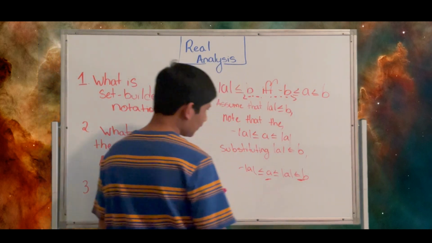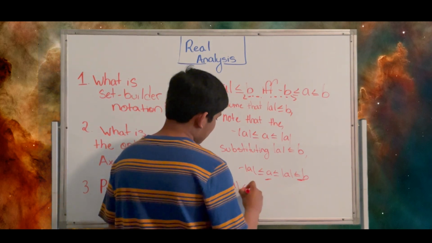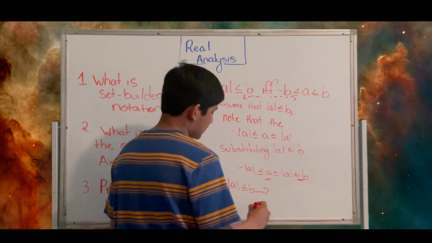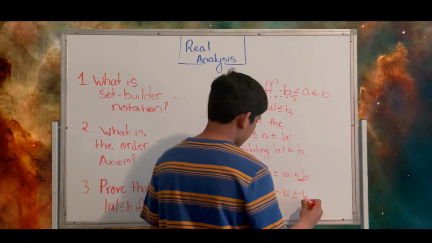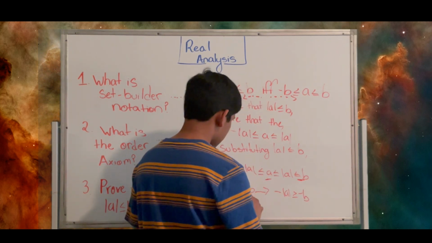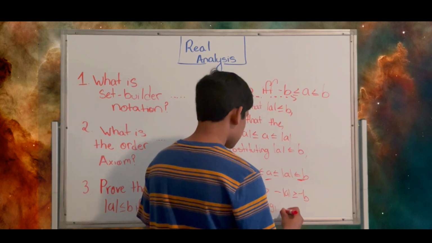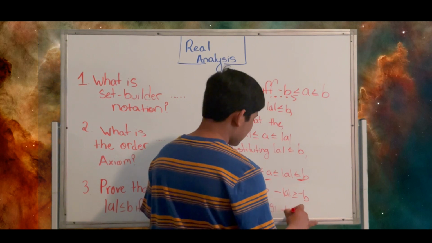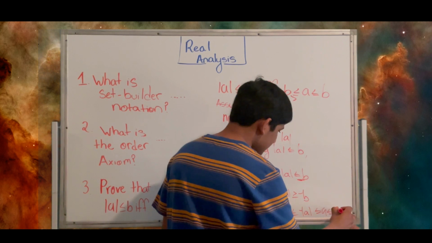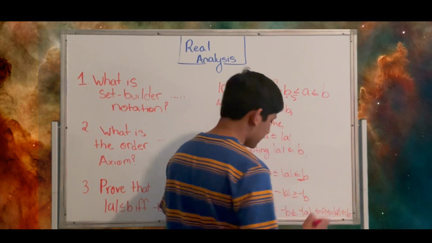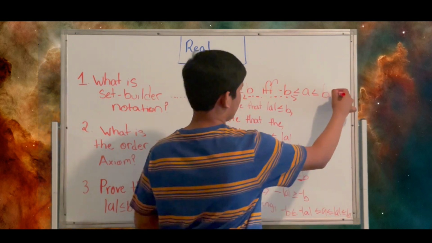So now, we're going to be doing an algebraic manipulation. We're going to be saying that the absolute value of A is less than or equal to B, and now we're manipulating it so that negative absolute value of A is greater than or equal to negative B. Substituting once again, we get negative B is less than or equal to negative absolute value of A, which is less than or equal to A, which is less than or equal to positive absolute value of A, which is less than or equal to B. And in doing so, we see that negative B is less than or equal to A, which is less than or equal to B, and proves this.